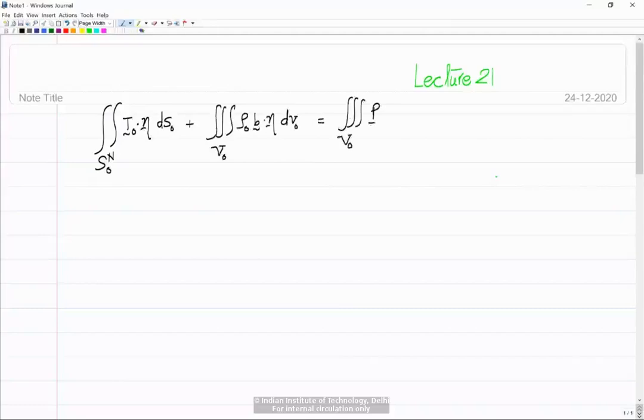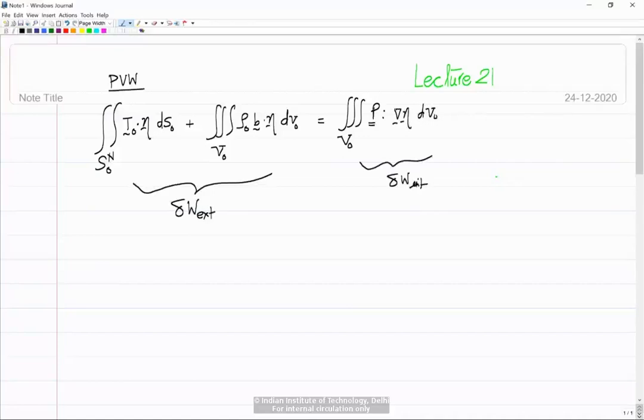the first P, P double contraction gradient of eta dV naught. Okay, so this is the principle of virtual work, PVW. The terms on the left hand side are also called delta W external, because it's the virtual work due to external loads, whereas the right hand side is delta W internal.